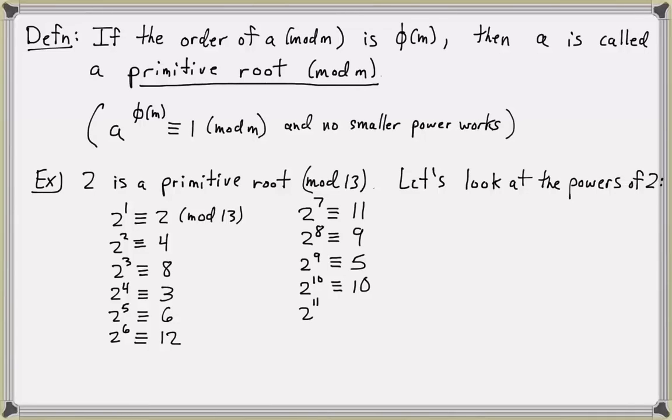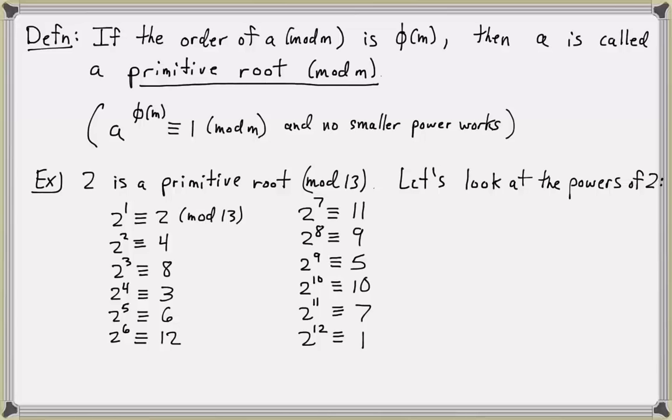To the 11th power is 7. And to the 12th power, we know, is congruent to 1 mod 13. So we can verify that no smaller power of 2 than 2 to the 12th will be congruent to 1 mod 13.